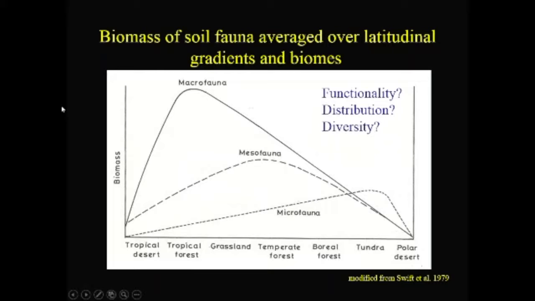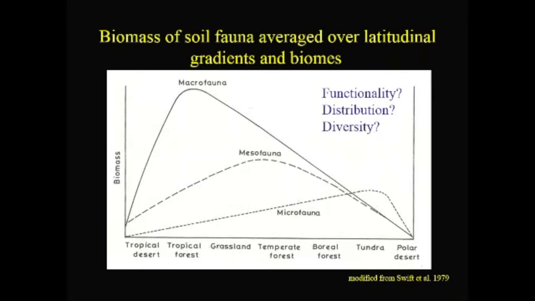The biomass of the soil fauna is not constant across biomes. In terms of biomass, the macrofauna we know are more abundant in tropical regions than they are in tundra or polar deserts.